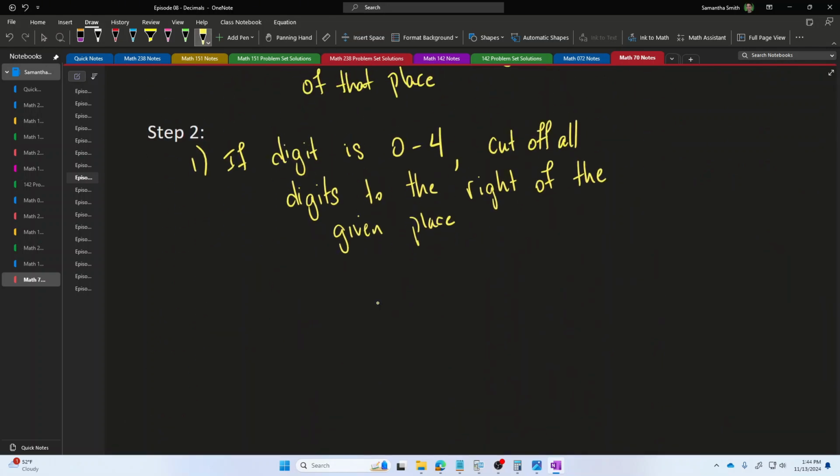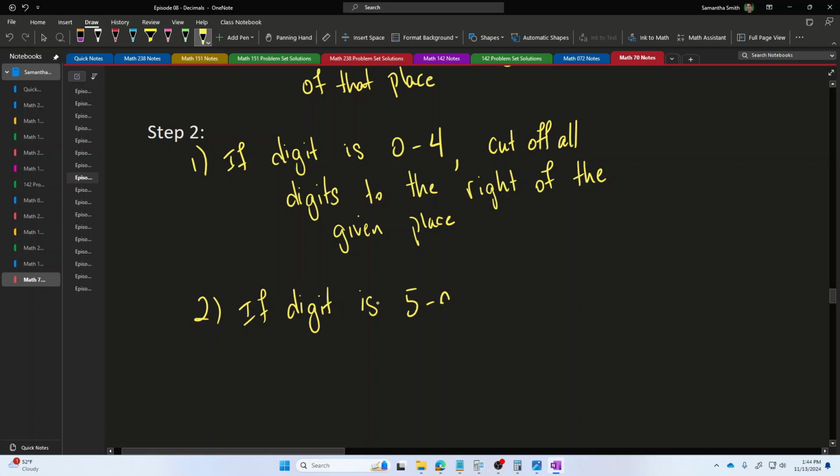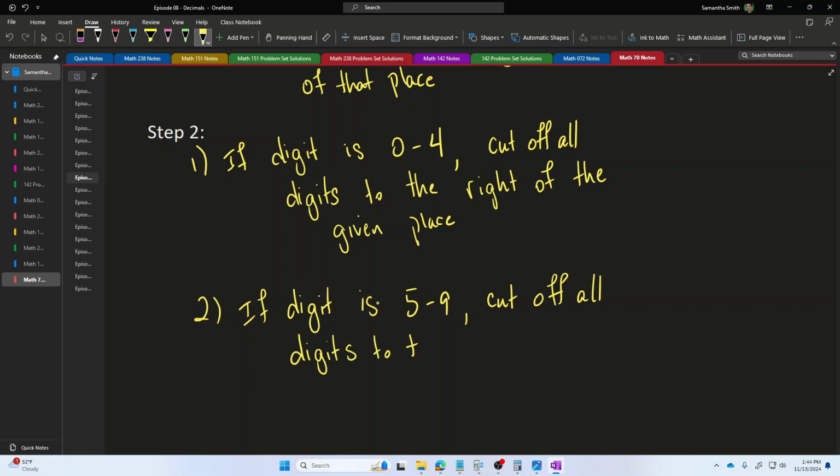Now, if the digit to the right of the place value is larger than that, if it's 5 to 9, then you still want to cut off all the digits to the right of the place value that you care about.